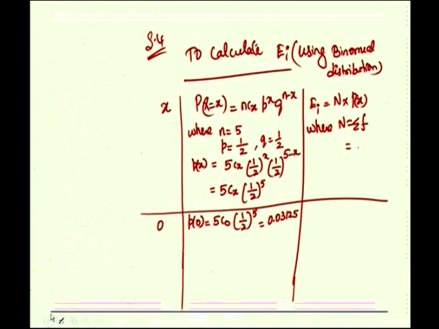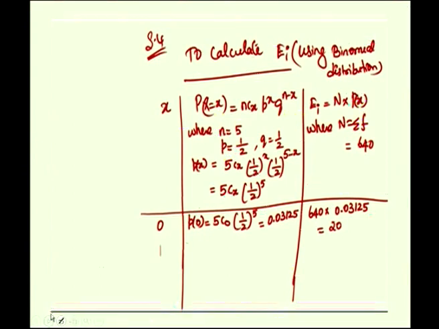Summation frequency is 640, isn't it? 640 families. So, EI is equal to 640 into 0.03125, which is equal to 20. It is approximated to the nearest whole number for easy calculation for chi-square.